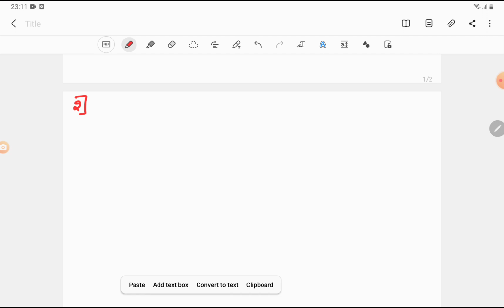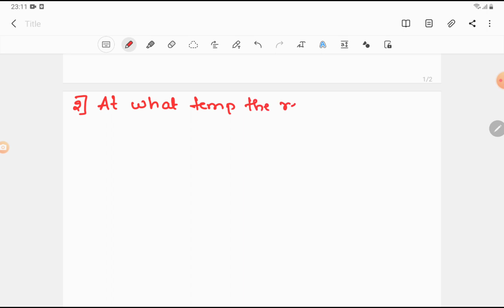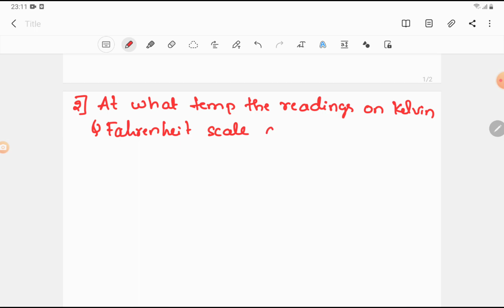Okay. Now let us go to question number 2. Question is the same thing. Now it is at what temperature the readings on Kelvin and Fahrenheit scale are equal.